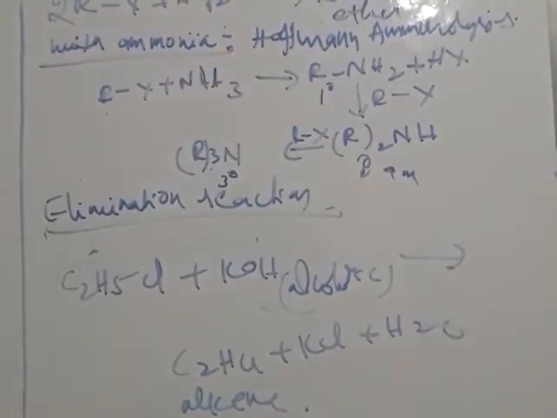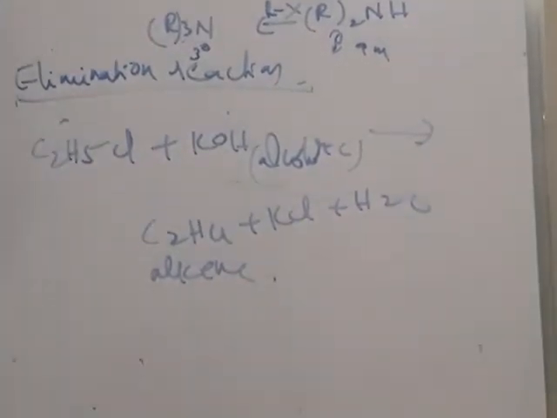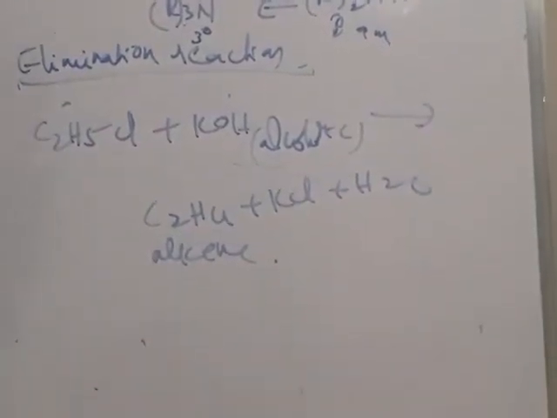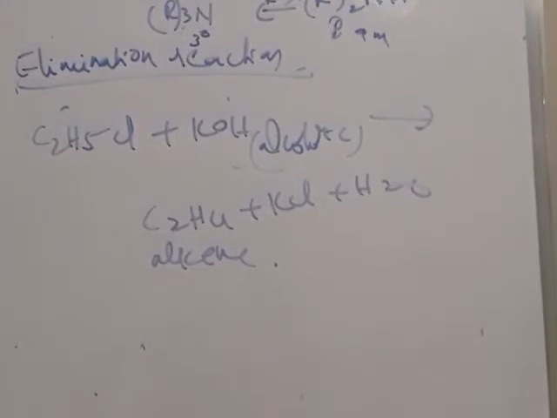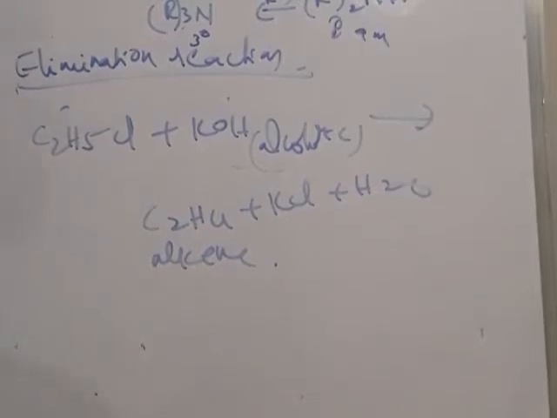So all these are nucleophilic substitution reactions. Then coming to elimination reaction. In substitution, an atom or group of a compound gets substituted with an atom or group of another compound.